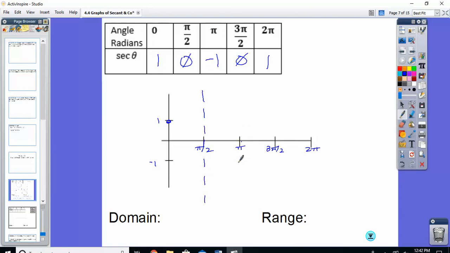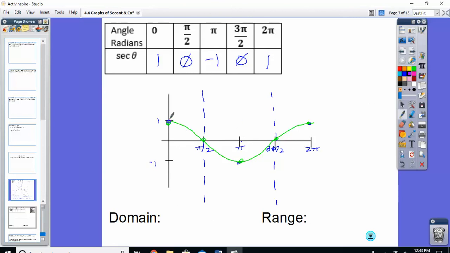Pi gave me -1. 3 pi over 2 is an asymptote, and 2 pi is back to 1. If we took a second and slightly drew the cosine graph, cosine starts at 1, 0, -1, 0, 1. So cosine looks like this.